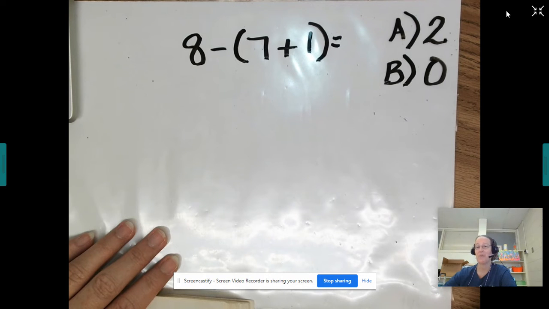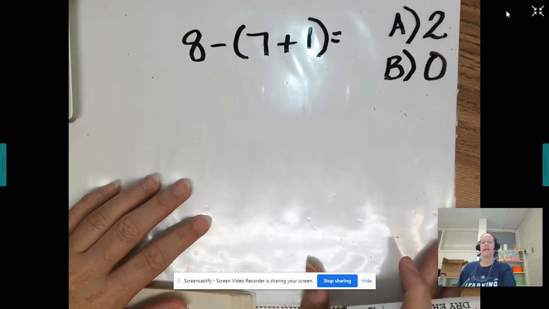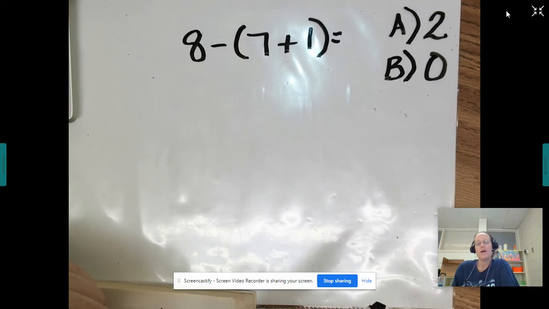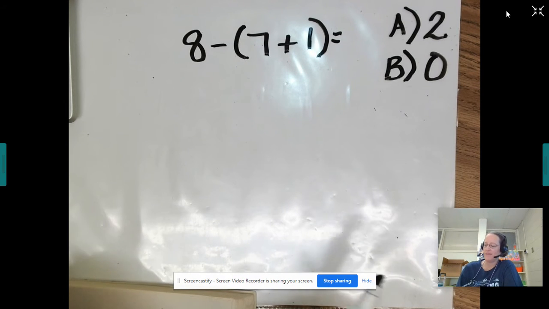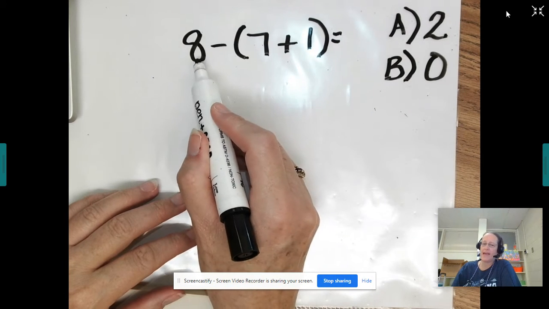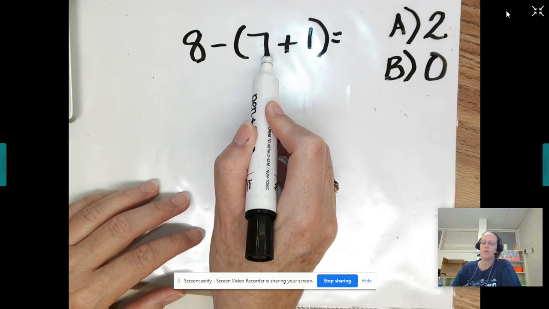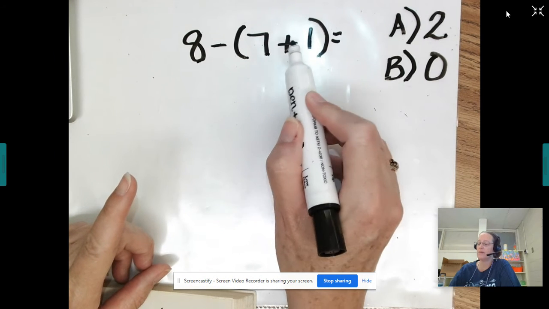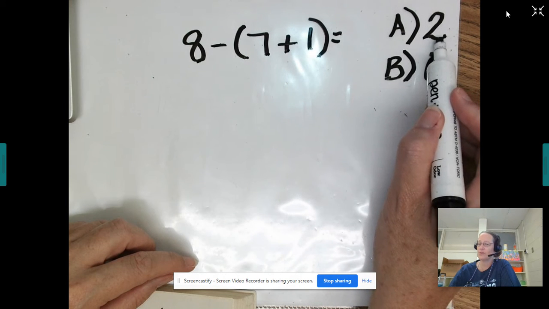So, I wonder what you chose. Let's take a look at it. If we don't use the order of operations, here is what you may have done. 8 minus 7 equals 1, and then 1 plus 1 equals 2.